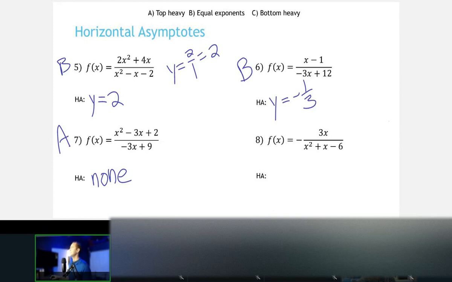All right. What did everyone put for number 8? What is that one considered? All right, yep. It is considered bottom heavy. Looks like I keep saying it, but some of you just come to class and you bail. I don't get it.